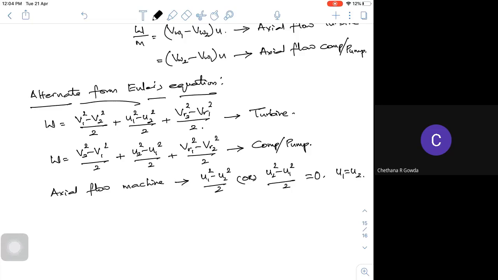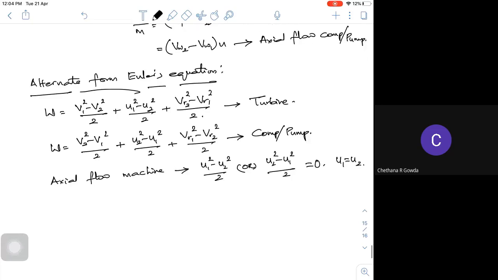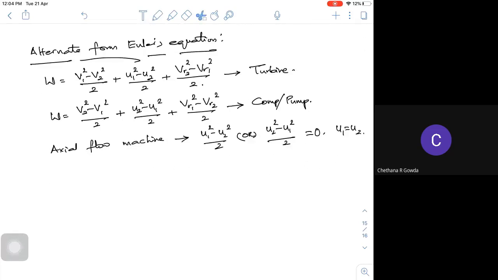So this is a condition. Now, what are the components? V1 square minus V2 square by 2 or V2 square minus V1 square by 2 is the change in absolute kinetic energy. It is also called the dynamic head, the available dynamic head in case of a turbine.